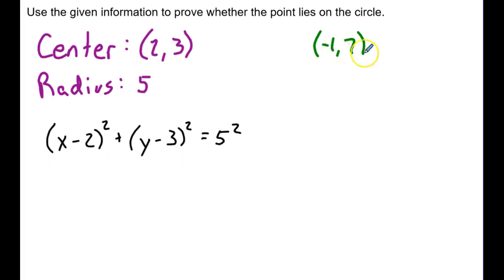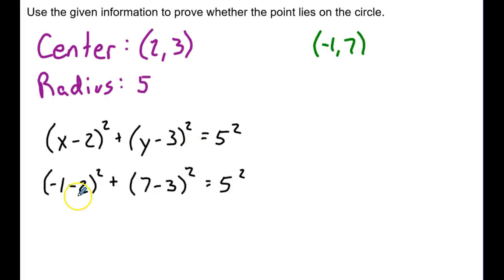Now we have to take these points, plug this value in for x, plug this value in for y, and determine if it gives us a true statement. Thus we get (-1 minus 2) squared plus (7 minus 3) squared equal to 5 squared.